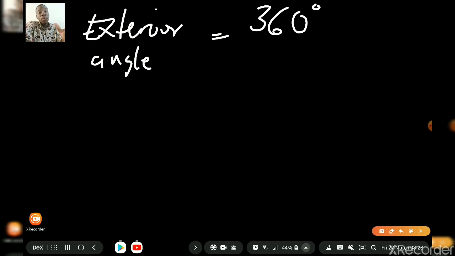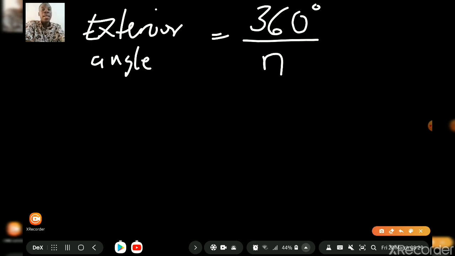But if you are told to find the measure of each exterior angle of a regular polygon, the number of exterior angles of a regular polygon is the same as the number of sides. So the measure of each exterior angle of a regular polygon is the sum of exterior angles, which is 360, over the number of sides. The number of sides is always equal to the number of exterior angles, so it's going to give us 360 over n.